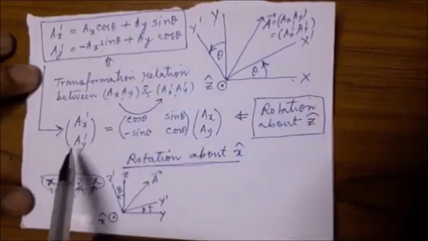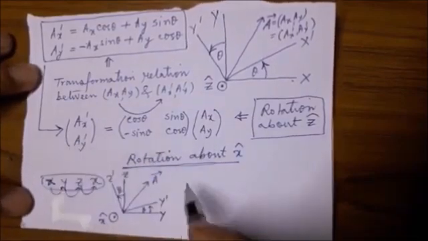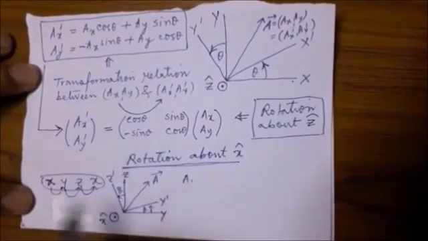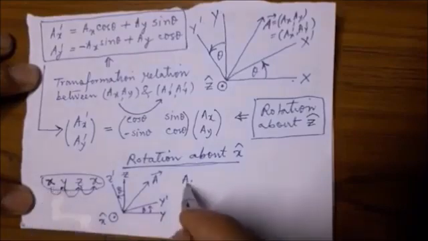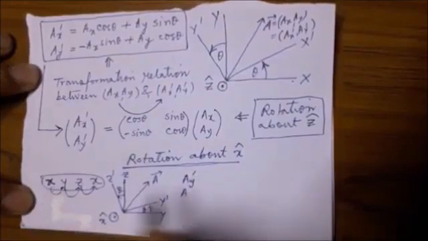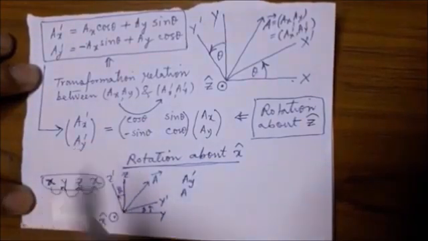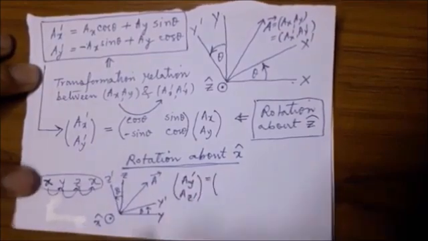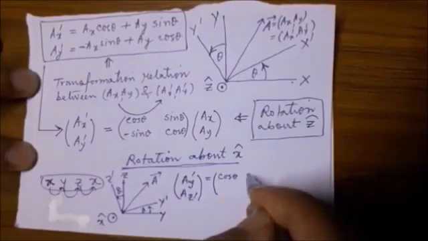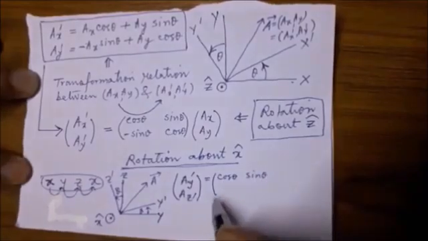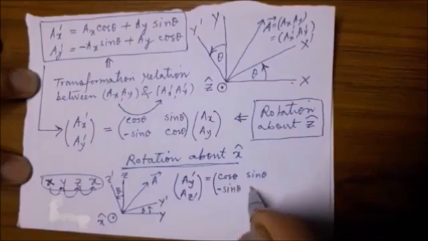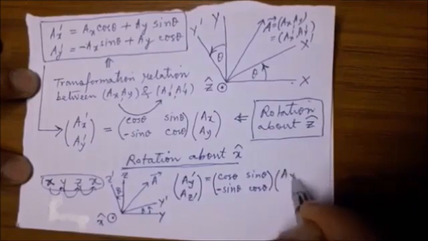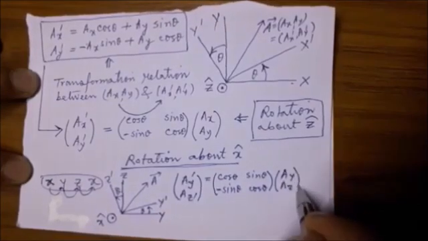Now let us focus our attention to this relation. So instead of ax prime, we shall write, after x comes y, so we'll write ay prime, and here we'll write after y comes z, so it will be az prime. So it will be cos theta sin theta, minus sin theta cos theta, and here the changes again, instead of ax we will have ay, instead of ay we will have az.